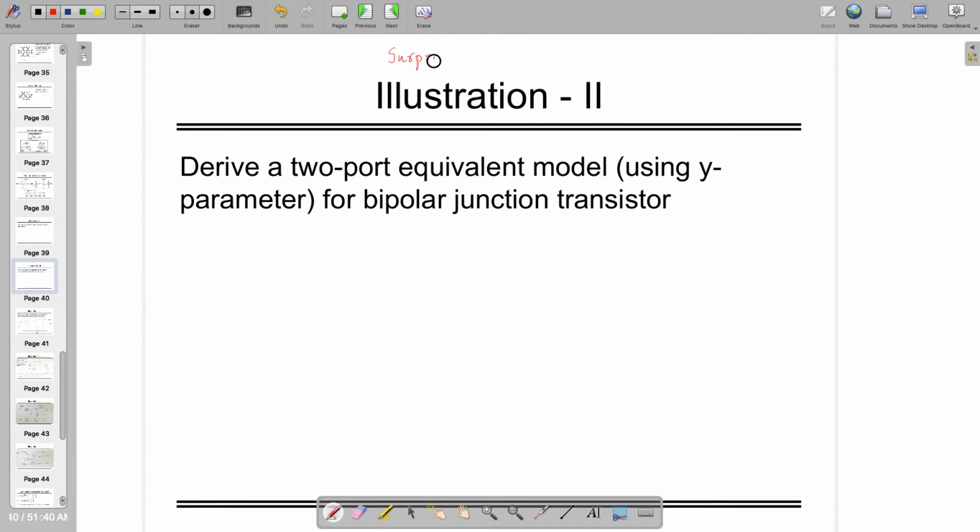Now this is a quiz. There are only five quizzes. If you are coming late, it's your problem. You have to derive the two-port equivalent model for BJT. I'll help you. Don't worry.